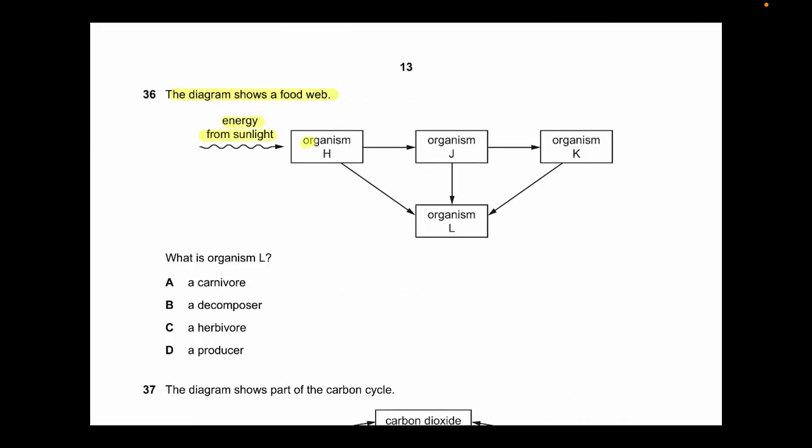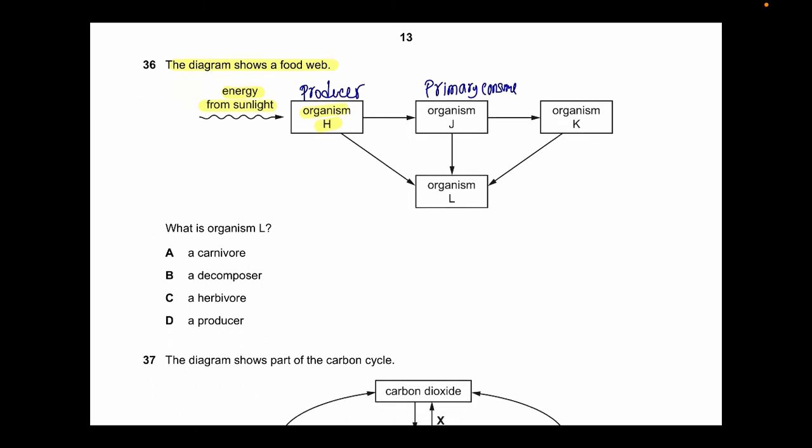The diagram shows a food web. Energy from sunlight, so it must be a producer. Organism J, primary consumer. Organism L is primary and secondary consumer, and then organism K is also okay.